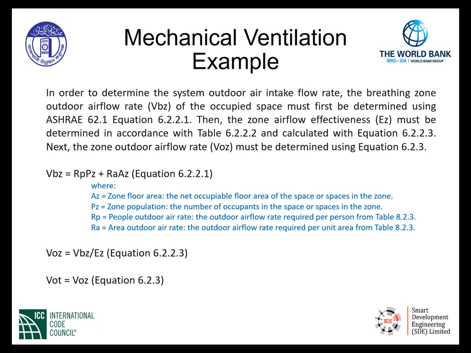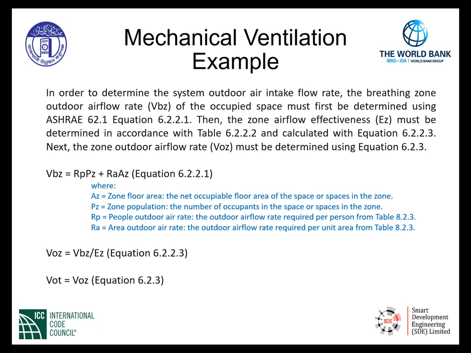This is where we will calculate the total amount of air required. And in this case, it's pretty simple. For a single zone system, V sub OT is equivalent to V sub OZ as we calculated in the equation above. Again, this is for a single zone system, equation 6.2.3.